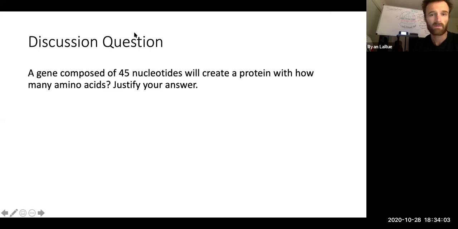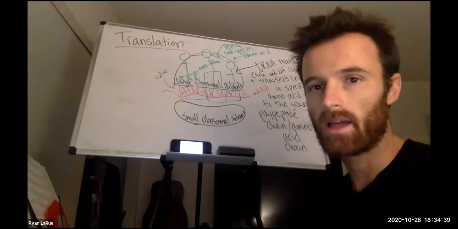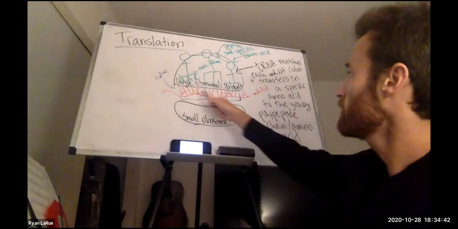So it is 15. And the reason is, so Joey, that's exactly right. To summarize what Joey is saying here, if you have 45 nucleotides in the DNA of your gene, and they are all transcribed into mRNA, you get an mRNA strand that has 45 nucleotides.